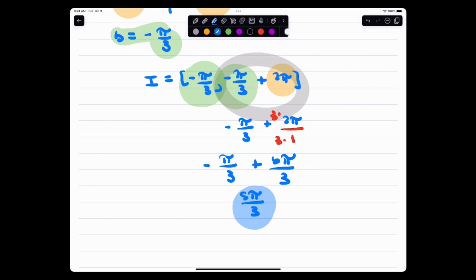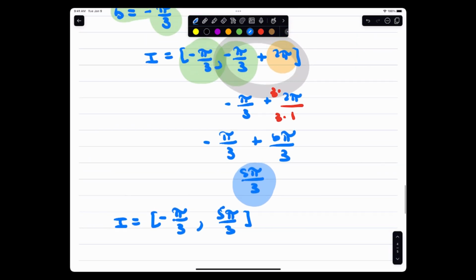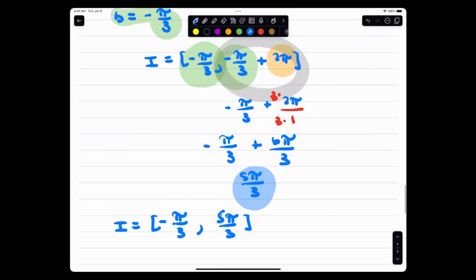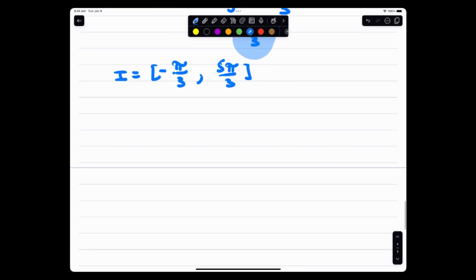So your interval of one cycle, ladies and gentlemen, again, let's write that down. What's that interval of one cycle? Negative pi over 3, 5 pi over what? 3. Okay? So there's your arithmetic with that. All right. That's where you start and then where you end.